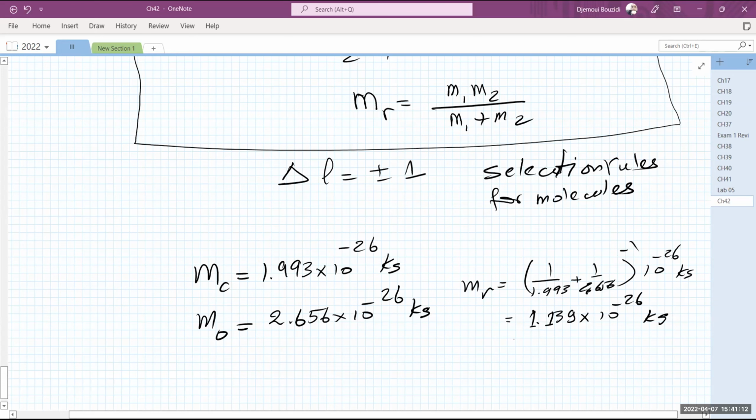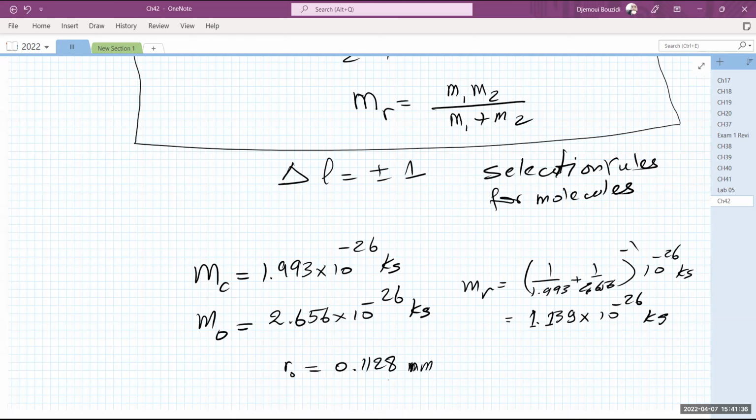So this is a reduced mass, and they also gave you the separation between them. They said that R naught, the separation between these two, is 0.1128 nanometers. And this number is important because you guys need to understand that when you are forming a molecule, they get very, very close to one another.